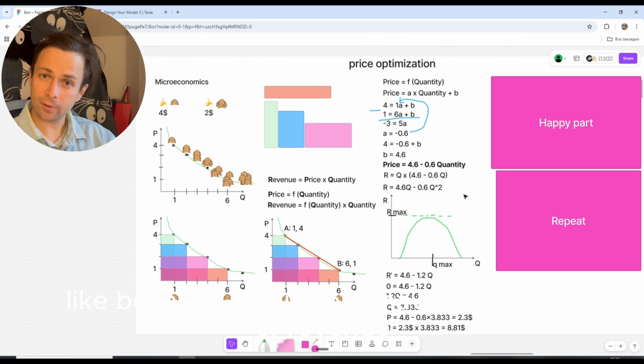Because if you don't have maximum of revenue, there is some way to increase your revenue by selling more and more and more, and you will never stop.